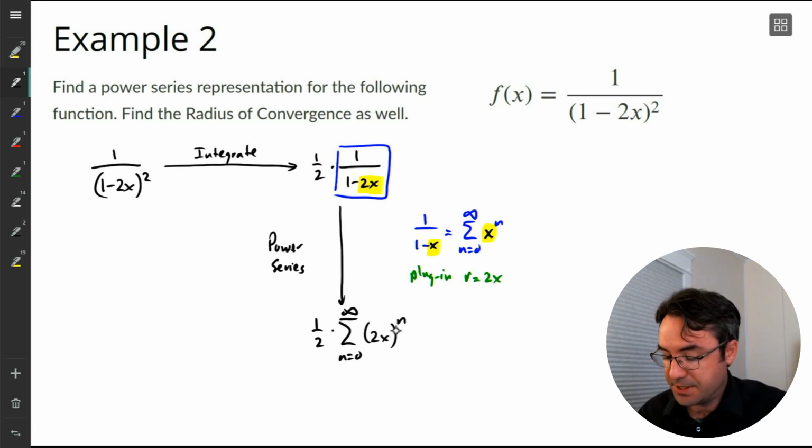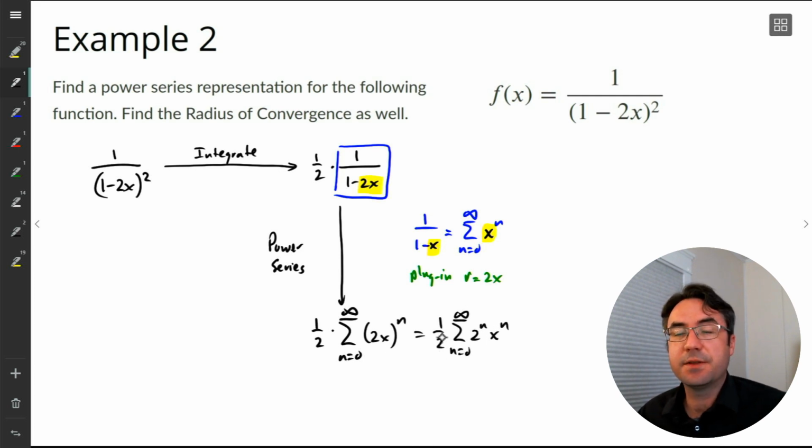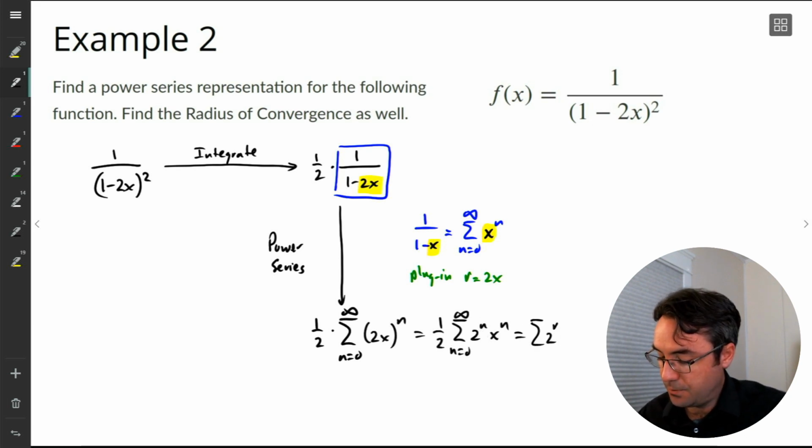So we can split up the power. It'll be 2 to the n times x to the n. And then we can bring this 1/2 inside. It's just a constant multiple, so we can bring it inside the summation. And then we can multiply it with this 2 so that it will decrease the exponent. So it'll be 2 raised to the n minus 1, and then x raised to the n.